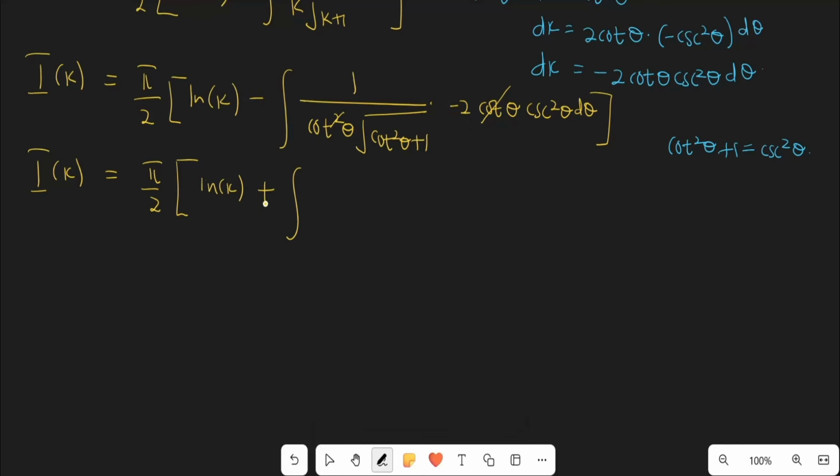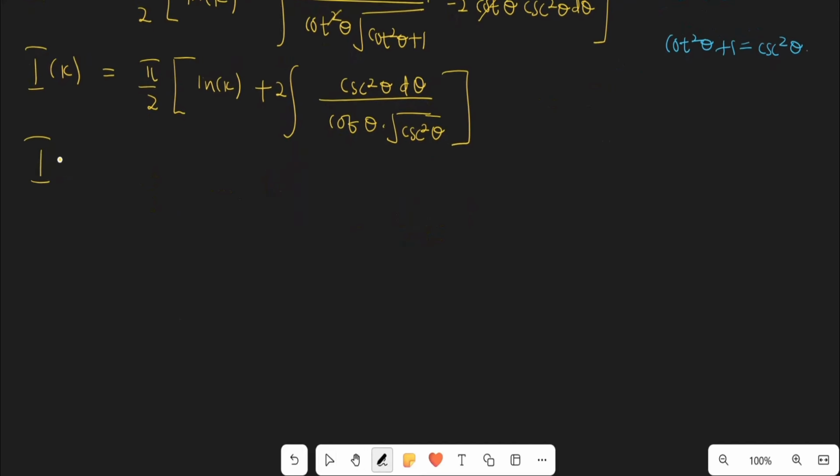So we are going to have positive 2 in front here, and now what is left on top is the cosecant square of theta d theta, and this is divided by cotangent of theta left here, right? And then this is multiplied by the square root of this one, which is cosecant square of theta, and that is from the Pythagorean identities. So this is the cosecant square of theta, like this.